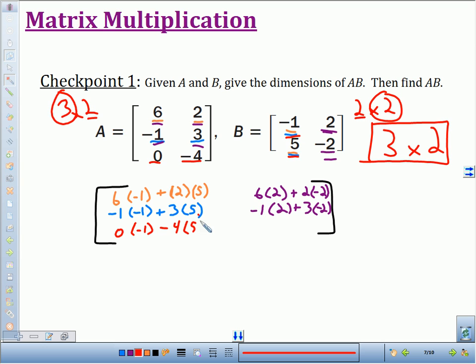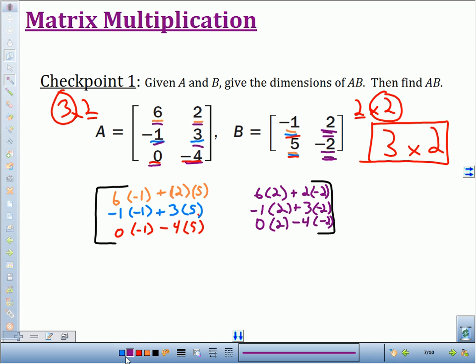I'm going to multiply 0 by 2. And I'm going to multiply negative 4 by negative 2. So we can see this pattern. All these negative 1s here, all these 5s there, all these 2s here, all these negative 2s there.